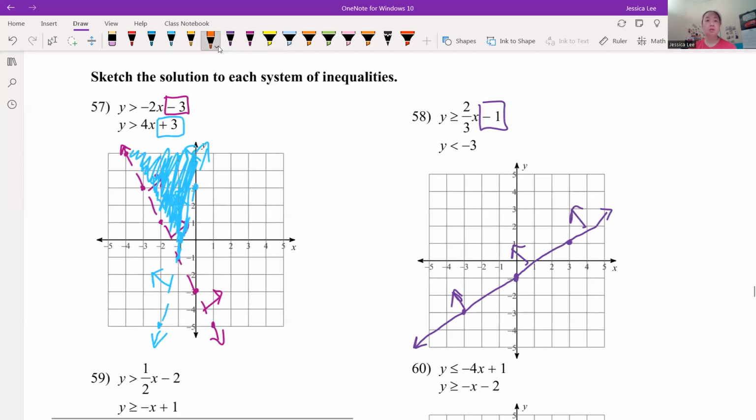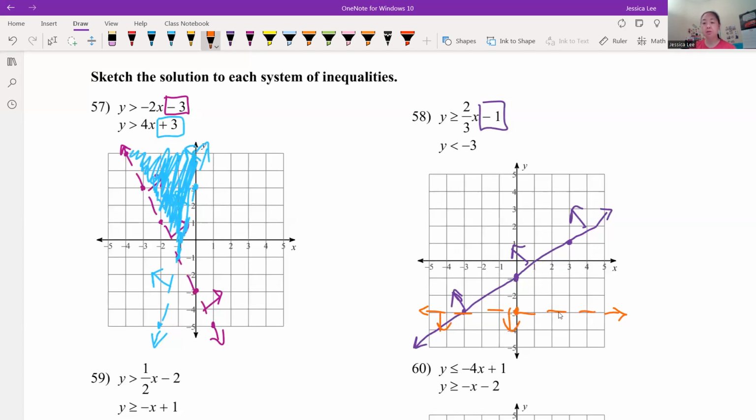And then right here, our second one says y is less than -3. My y-intercept is at -3. There is no slope, so it's going to be going straight across like this. It is a dashed line because there's no equal to. So where are all the y values less than -3?